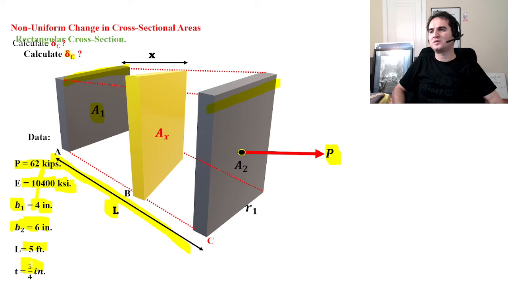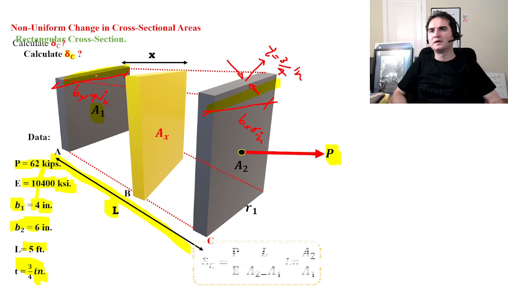The thickness of the plate is 3 over 4 inches, and that's the width of the plate, which for b2 is 6 inches, for b1 is just 4 inches.